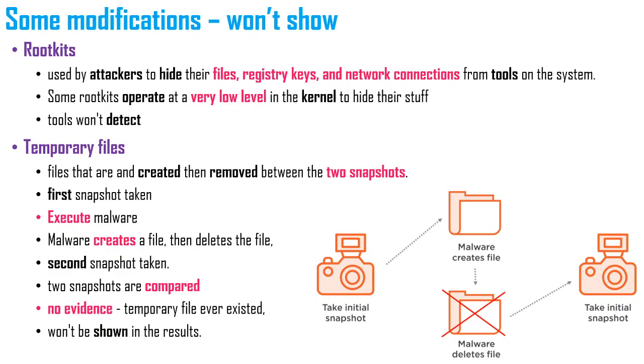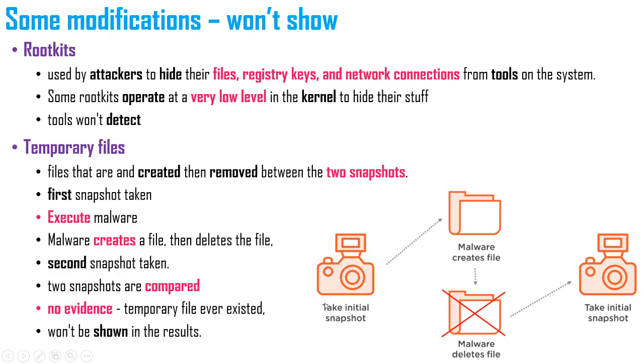It remains for some time and then gets deleted. For example, the first snapshot is taken, we execute the malware, and the malware creates a file, then deletes the file. The second snapshot is taken, the two snapshots are compared, and there is no evidence of the temporary file ever existing. So this won't be shown in the results.